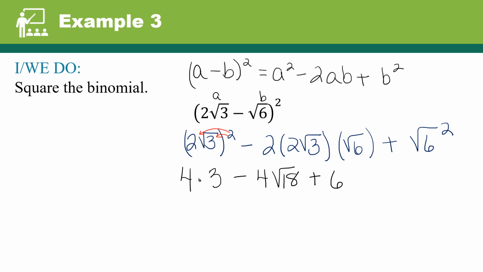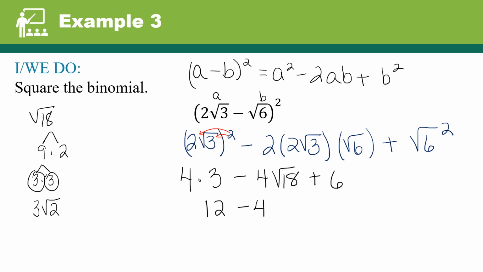Now, before I go on, I'm going to simplify square root of 18. That's going to be 9 times 2, and then 9 is 3 times 3. So I'll take out the 3, and the square root of 2 stays under the radical. 4 times 3 is 12, minus 4.